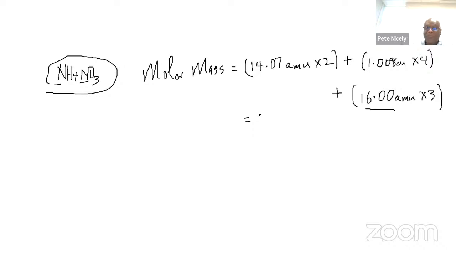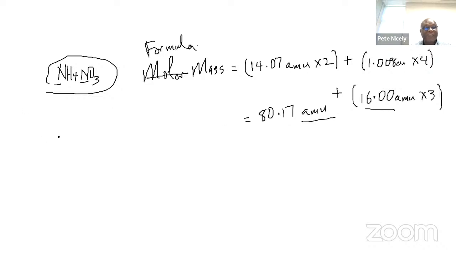Okay, so according to my calculations, the answer here works out to be 80.17 AMU. And by the way, I just realized something. Strictly speaking, this would be the formula mass, not the molar mass. So let me just write formula mass, all right? Because it's expressed in AMU. Molar mass, you'd have to convert these AMU values to grams per mole.